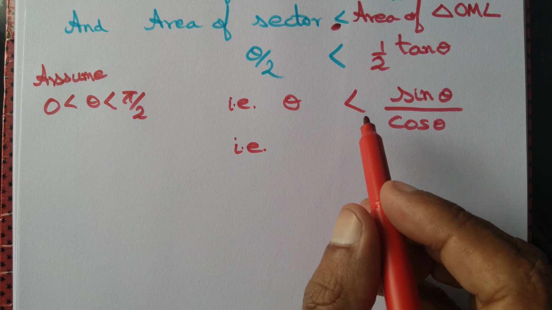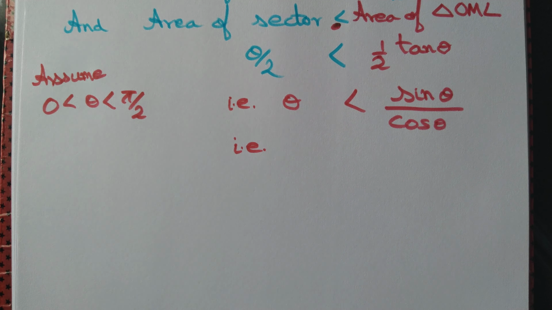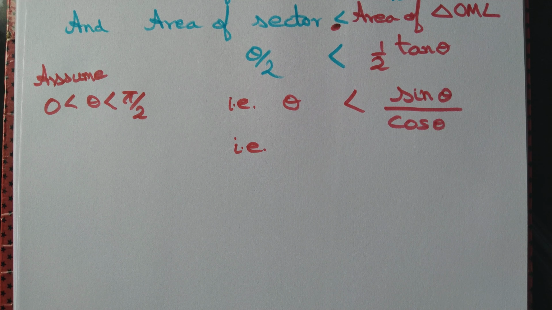We can multiply by theta, we can multiply by cos theta, we can multiply by 1 by theta, we can multiply by 1 by cos theta. The inequality will be valid as long as those quantities are positive. Of course, for theta greater than 0 and less than pi by 2, those quantities are positive.